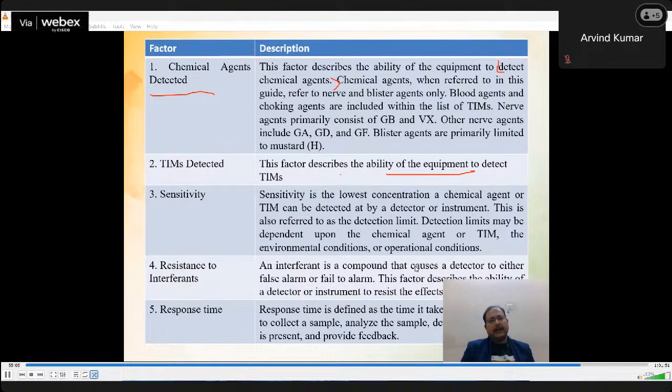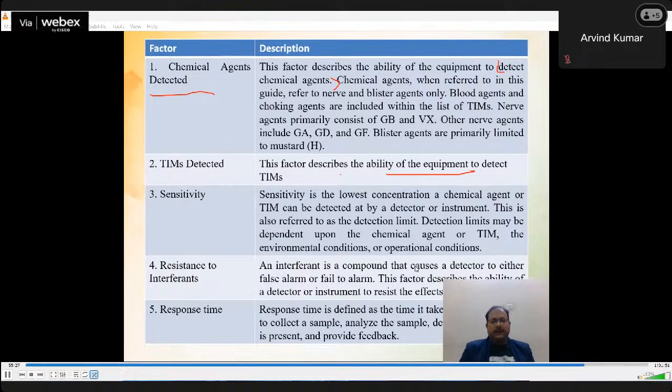This is also referred to as the detection limit. Detection limit may be dependent upon the chemical agents or TIMs and the environmental and operational conditions. This is also much required, that you have to focus upon this particular part. So sensitivity is also a factor which we have to focus upon before confirming the concentration.